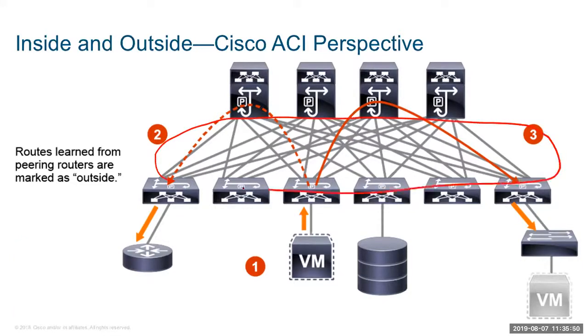That's also part of the inside network. Your spine switches, your leaf switches, all the IP networks that you configure within the APIC as subnets of the bridge domains, they're all considered inside.